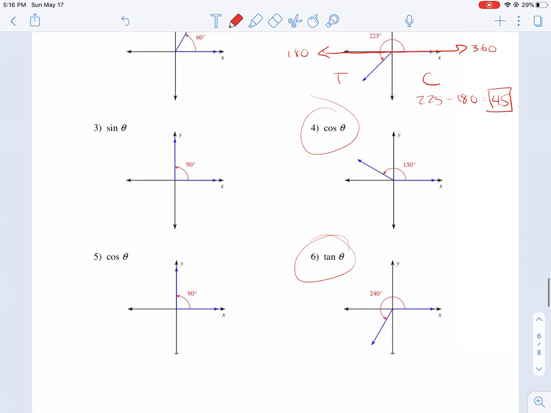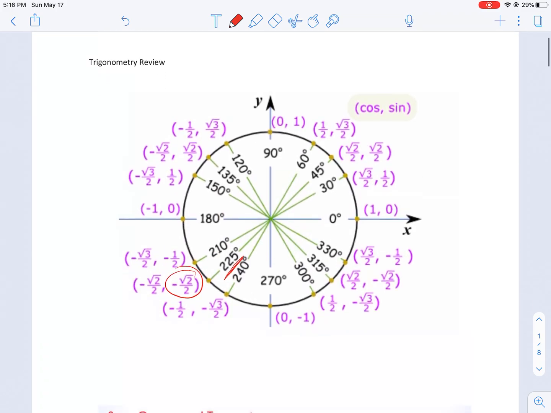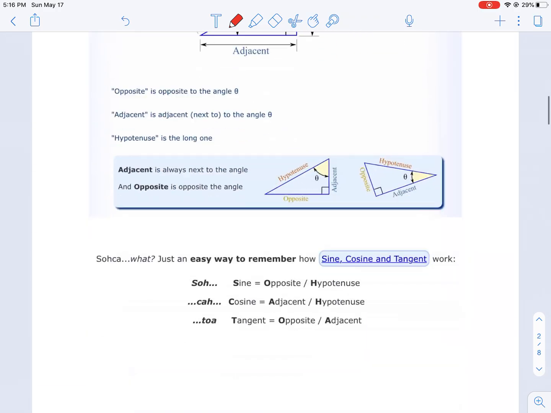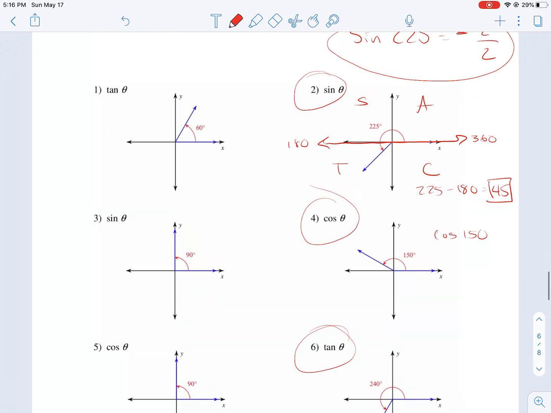Cosine of 150 degrees. Again, if we scroll up to 150 degrees, what's our cosine value? Negative square root 3 over 2. Now I'm not going to just put that down there. We're going to use our reference angle and make sure that is what we should be getting. Which horizontal axis are we closer to, 180 degrees or 360 degrees?